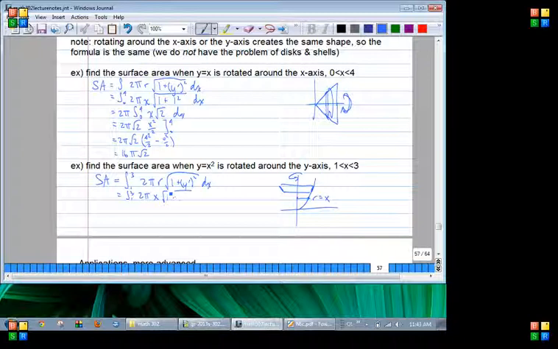And y prime, of course, is just 2x. So there's the setup, and I'll say that it's a doable integral, and I'll fill in the details later. Okay.